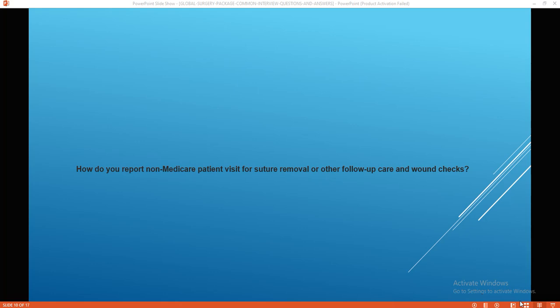Basically the answer is, if your insurance payer adheres to CPT coding principles, suture removal is included in the surgical package if there is no post-operative complication. So for a non-Medicare patient, you don't need to code suture removal if there is no complication.